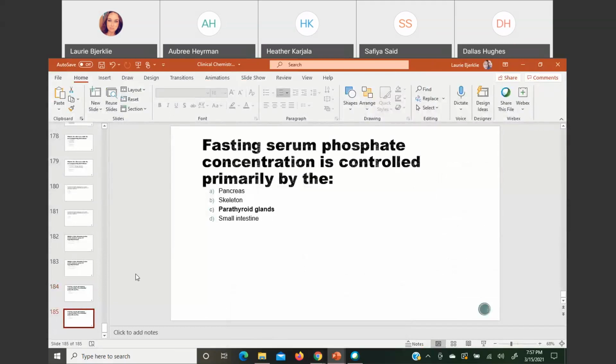Let's take a look. It is parathyroid hormone or glands. So the parathyroid is responsible for controlling your calcium level and your phosphate level, and they have an inverse relationship. So when calcium goes up, phosphate goes down. When phosphate goes up, calcium might go down, and that's all controlled by your parathyroid.